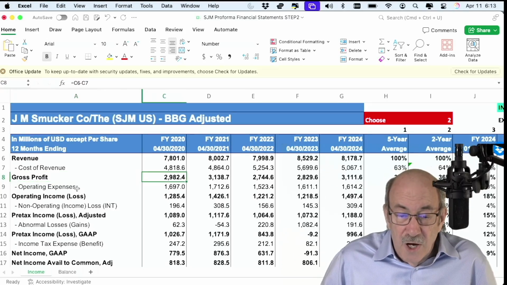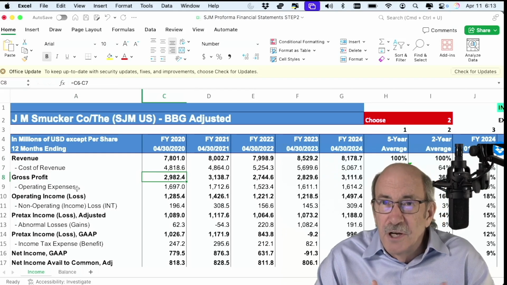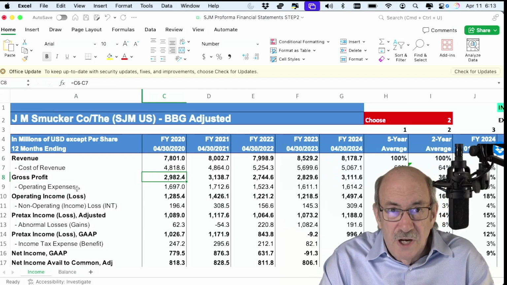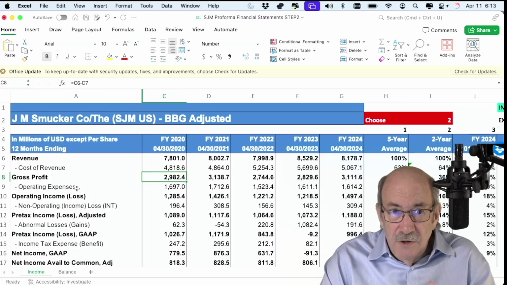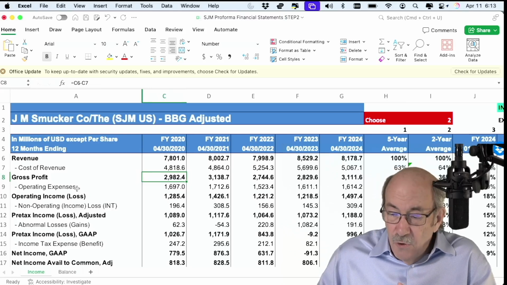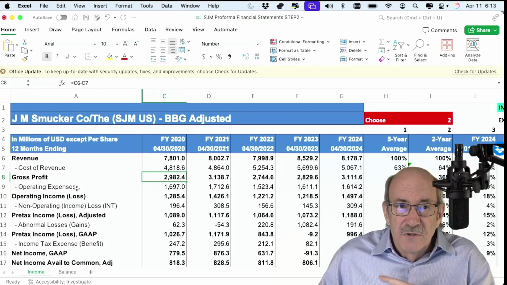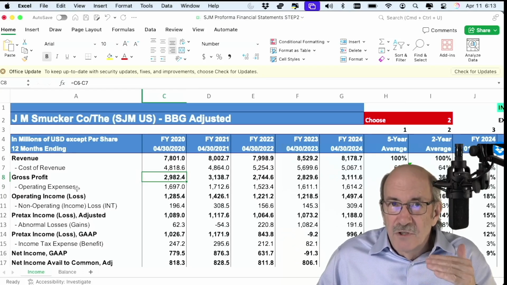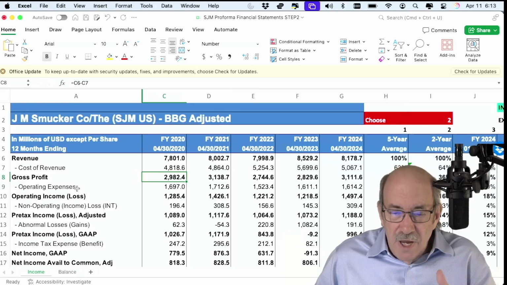So while when you come out of Bloomberg you're actually going to have a value there, in reality, it's a subtotal. When you're doing your pro formas, you want to make all of the things that are simply subtotals of the accounts above it. You want to actually make those subtotals.